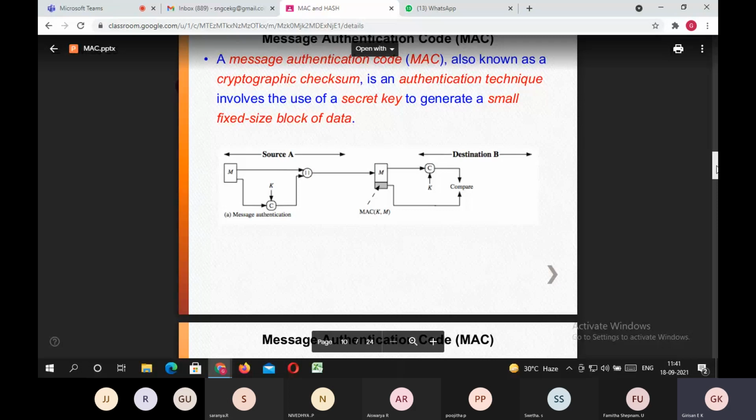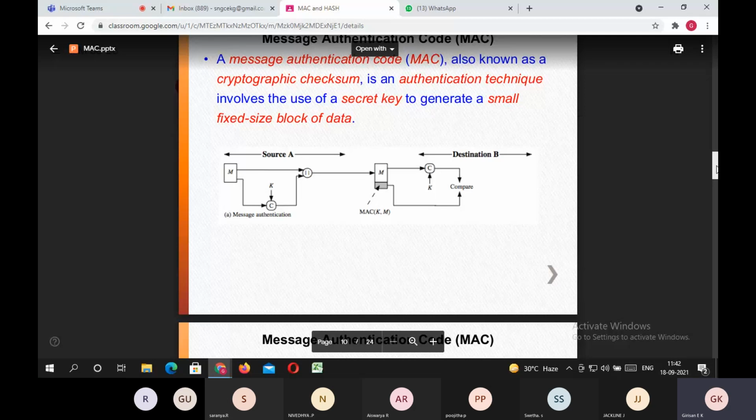Here K is the secret key, which is shared by both the source and the destination, M is the original message, and C is the authentication code, which is used for verification.